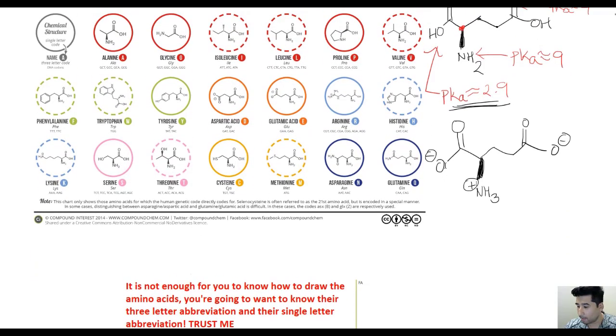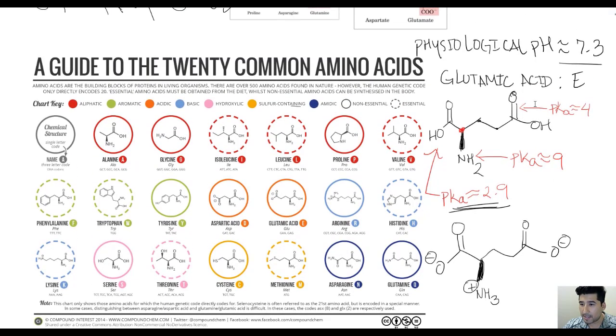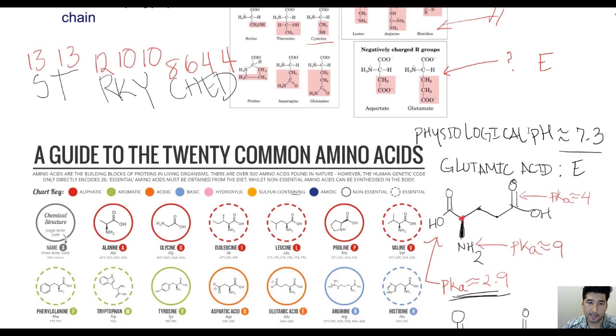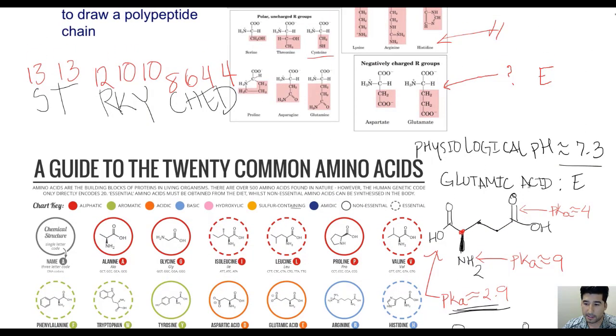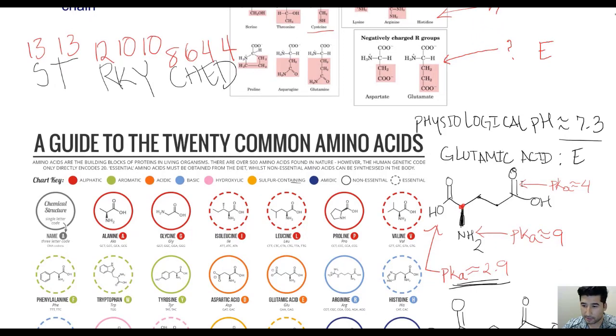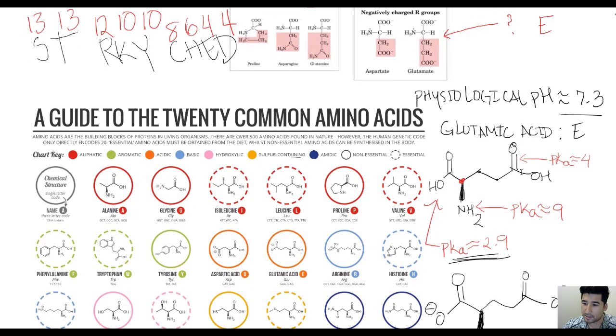Okay, so before we continue, how did we know that the pKa of this carboxylic group was about 4? St. Rocky Ched, the one-letter abbreviation for glutamic acid is E, which corresponds to a pKa of 4 for this glutamic acid side chain.